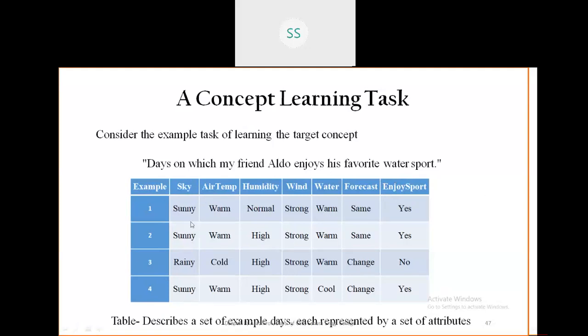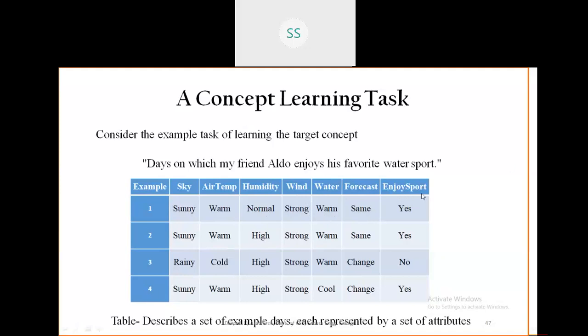If the sky is sunny, air temperature is warm, humidity is normal, wind is strong, water is warm, and the forecast is same, meaning the weather is not going to change, under such circumstances you are going to play the game.